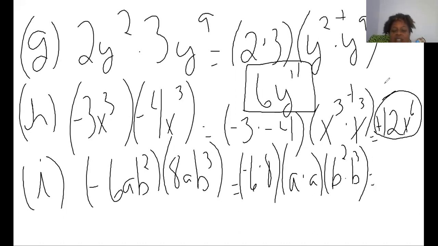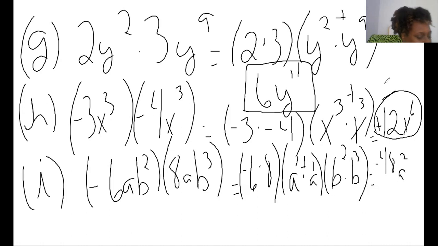So once you put everything together and assemble it, it makes it easier to process how to multiply applying the product rule. Negative 6 times 8 will give me a negative 48. A times A, imagine once again 1 and 1, add that up: 1 plus 1 will give me A squared.